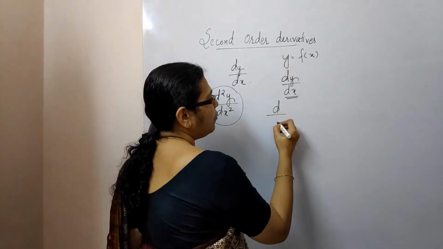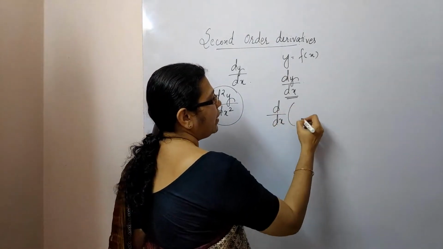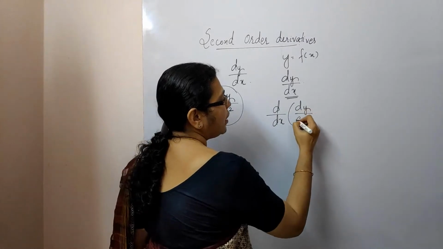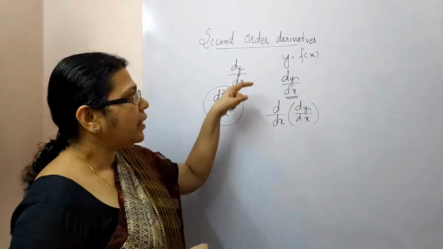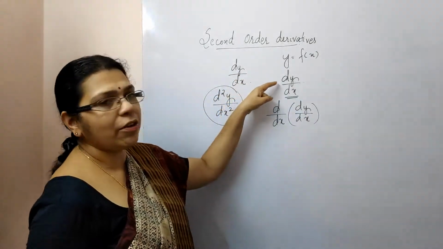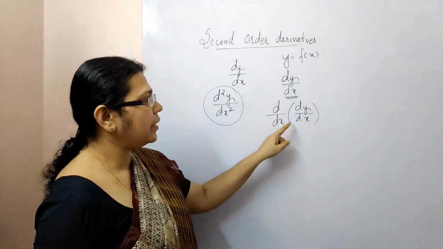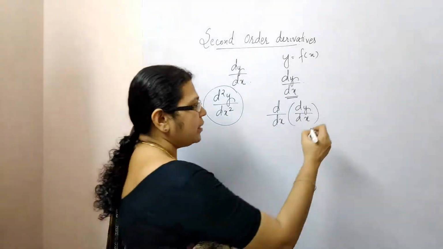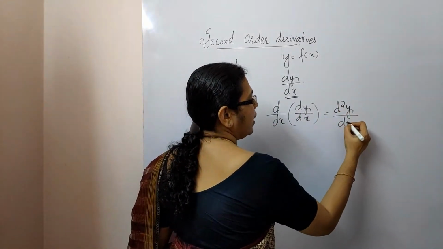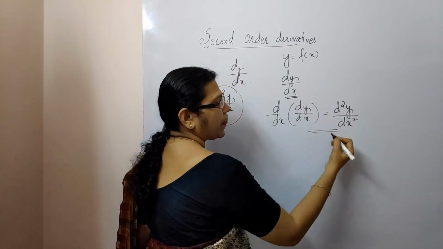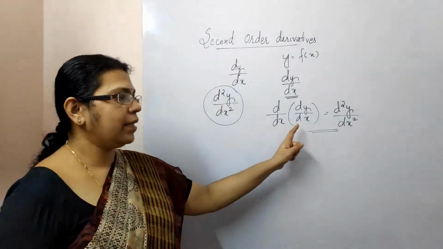That is, you are finding d by dx of dy by dx. Dy by dx is the first derivative. Again, you are finding the derivative of the first derivative, that is d by dx of dy by dx. This is equal to d square y by dx square. This is how the derivative comes.